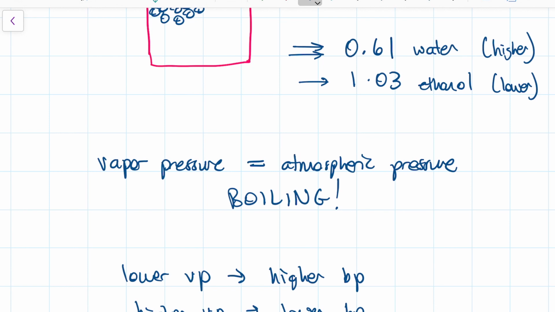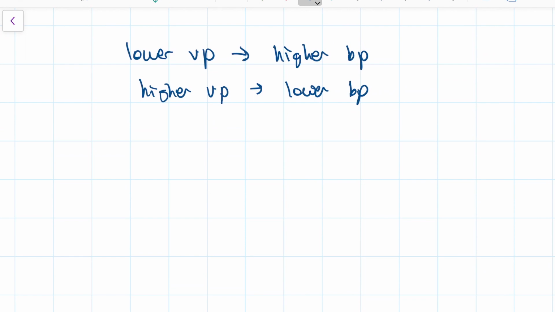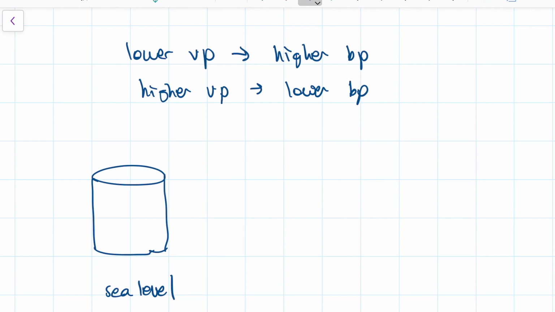So let's talk about a liquid at sea level, and let's talk about a liquid up high. Let's put the liquid on top of Mount Everest. Okay? So we have two liquids. We've got this liquid sitting at sea level. The atmospheric pressure at sea level is 1 atmosphere, or 101.3 kilopascals.